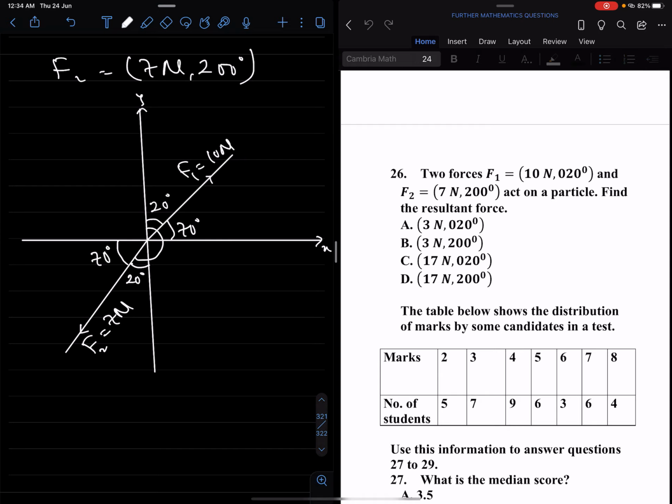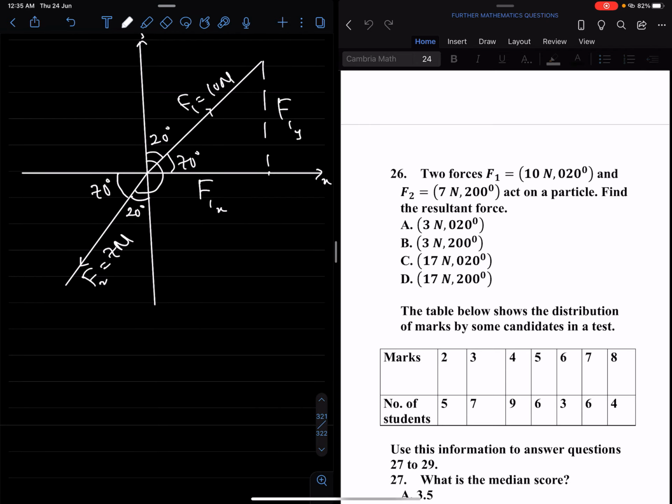Now we need to find the horizontal and vertical components of the forces. Let me make this a little longer. Now this is the horizontal component of F1. I want to call it F1x, and this is its vertical component. I'm calling it F1y. This is the horizontal component of F2.